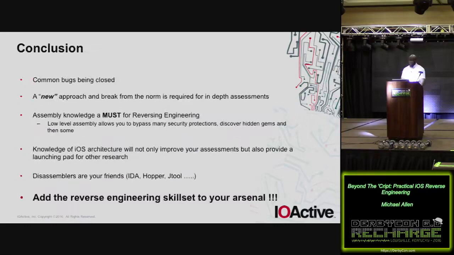So wrapping up, the fact is that the common bugs are getting harder to find. Most binaries from the App Store these days have most of the protections that are pretty much standard: ASLR, stack cookies, that kind of thing. And so we need to change our approach.